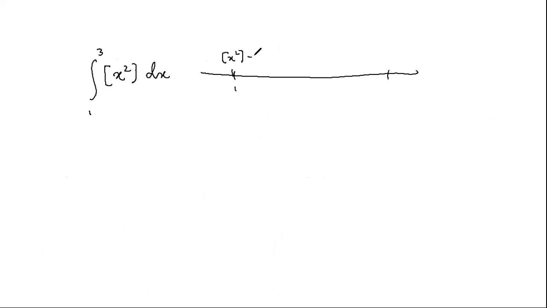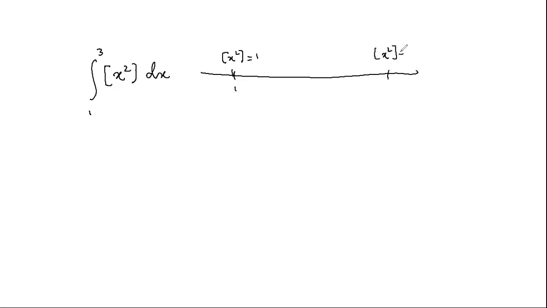Integral 1 to 3, integer of x square dx. Tell me the least value of integer of x square. 1. Highest value? 9. That means how many places is this function going to change? The integer of x square is 1 when x is 1.